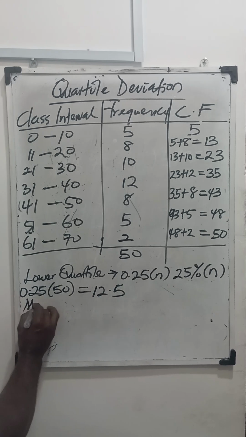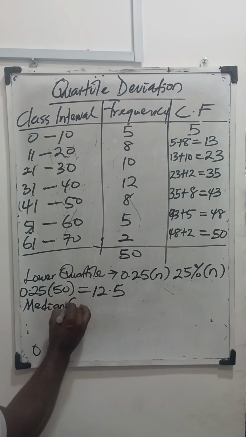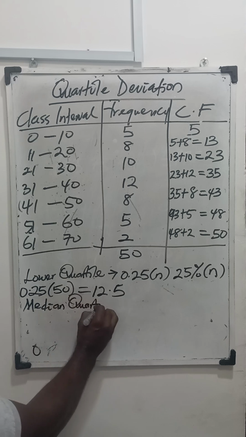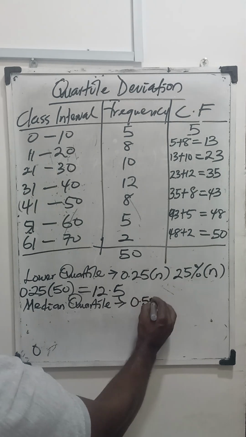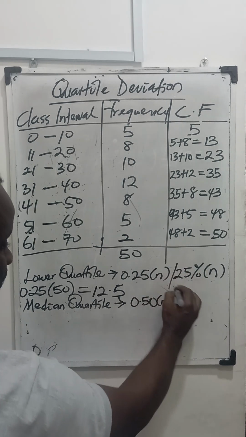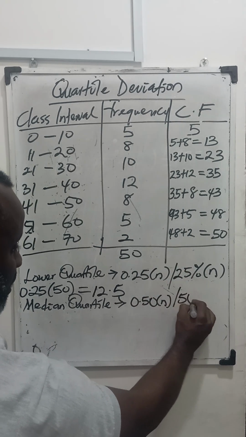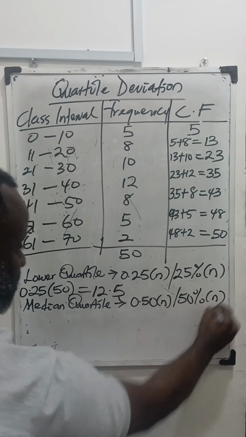So let's take the median quartile, which is what? 0.50 n, or we have it as 50% n. Did you get that?